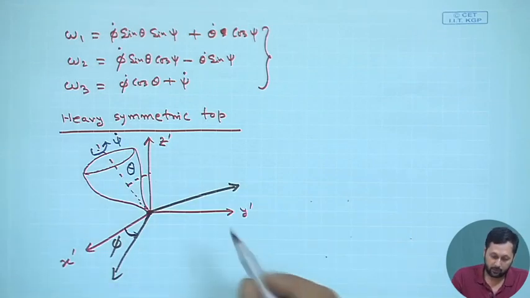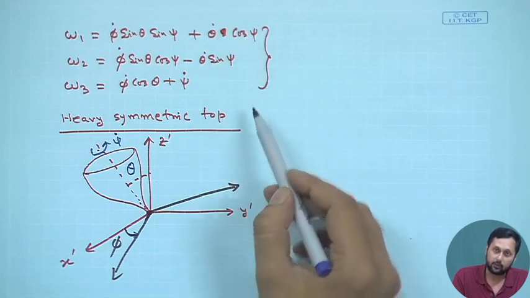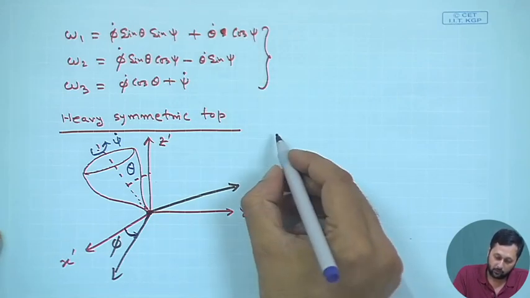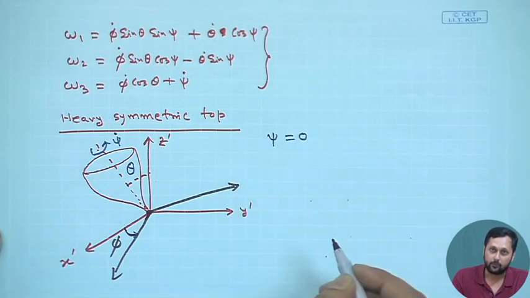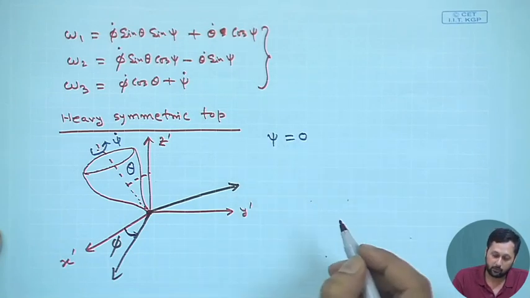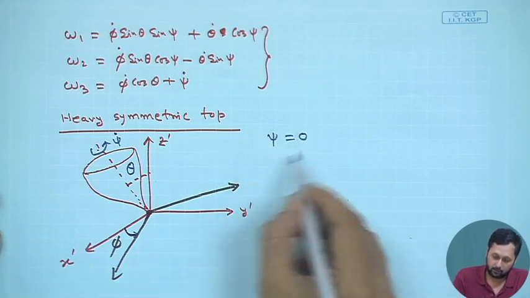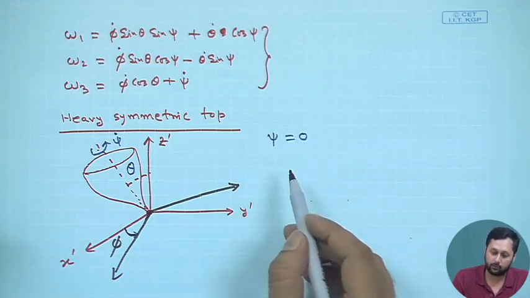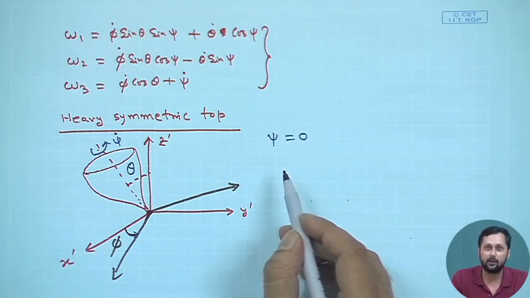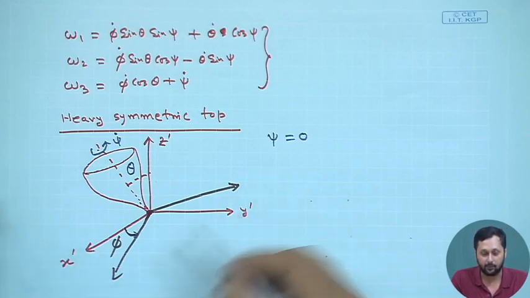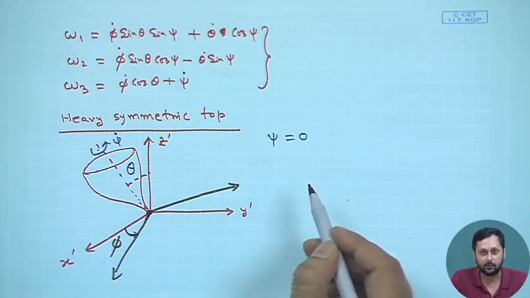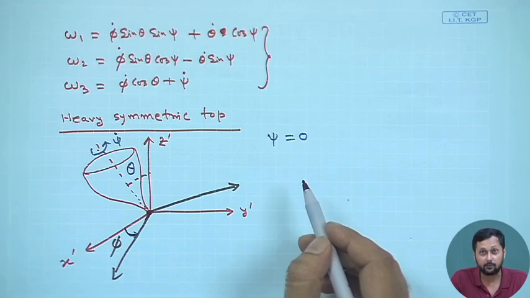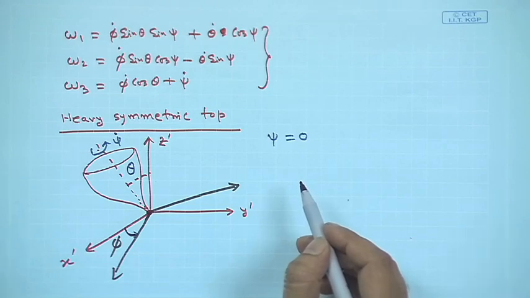So, instead of using these equations directly, we will be working in a frame in which psi equals 0. That means we are not considering the third Euler angle directly in this system. Why we do that, we will see in a moment, because this will greatly simplify our calculations. But please understand that by doing this, we are not losing any generality of the problem.